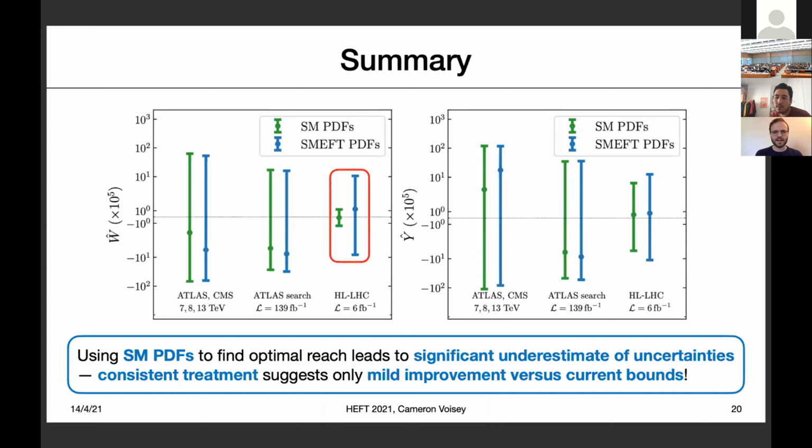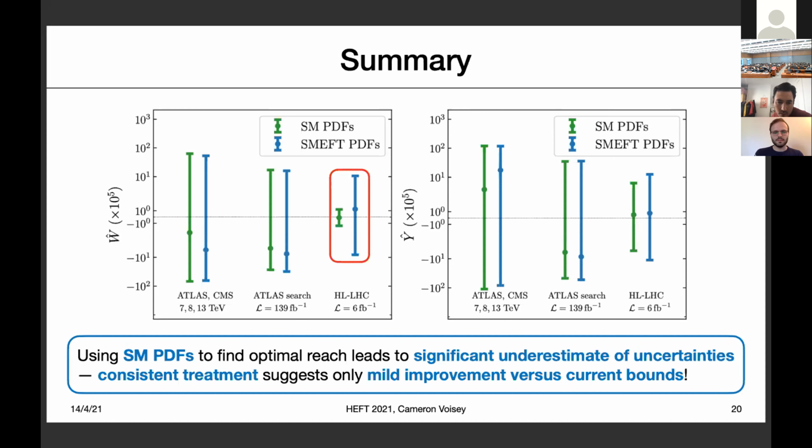I just want to highlight the case of W, which is, I suppose, the most stark example of what we're seeing here. If you did the typical thing of just assuming standard model PDFs, so you just had the green results, then you'd conclude that when you add the high luminosity data, your bounds become significantly tighter.